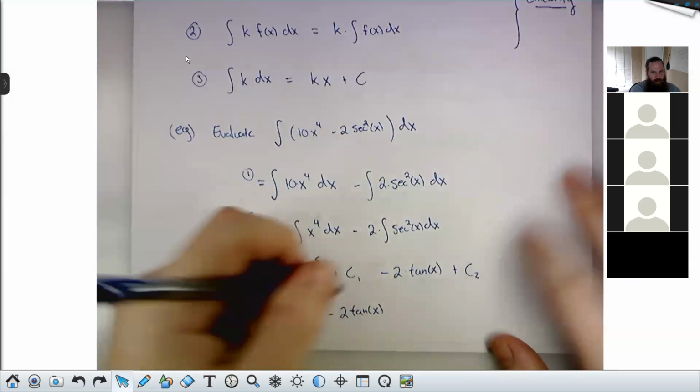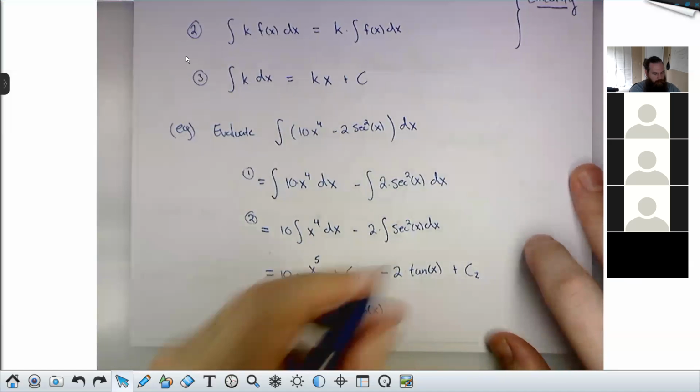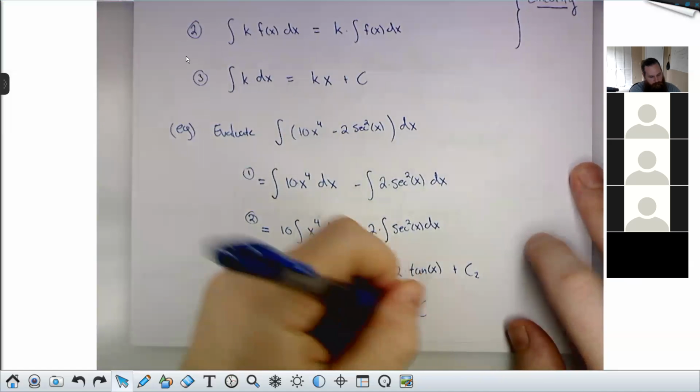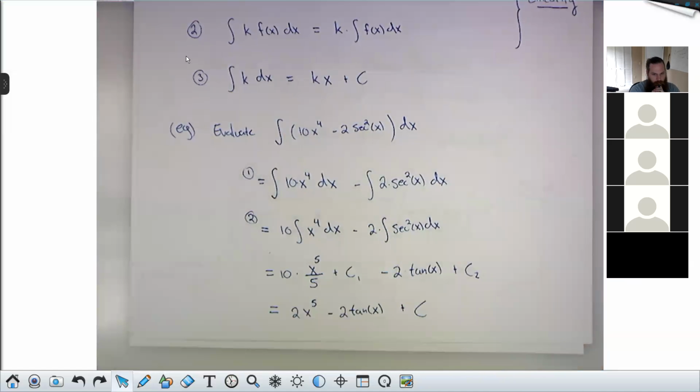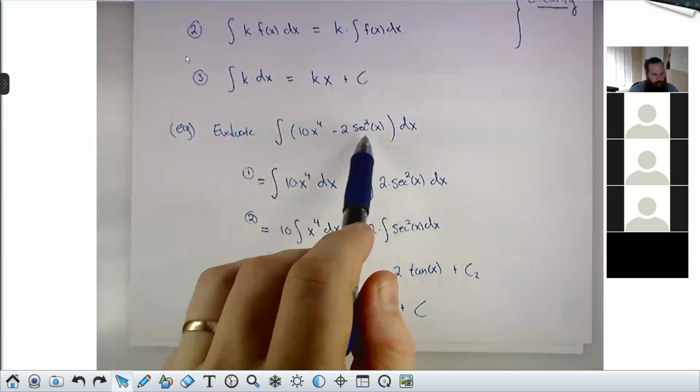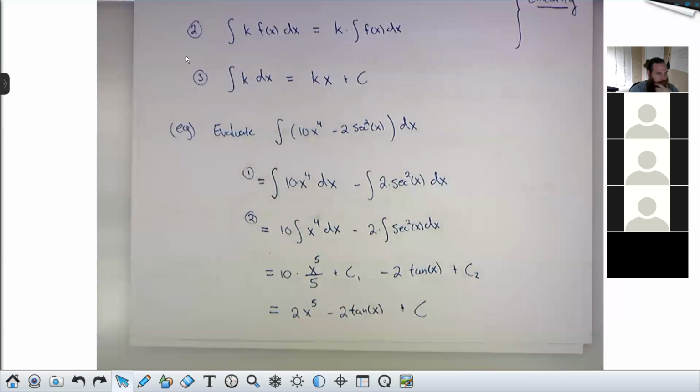And then I'm going to put the C1 and C2 together into a single arbitrary constant, which I'll just call C. And remember that C stands for all the vertical translates of this function. So this is an infinite family of functions, all of which have derivative 10x to the 4 minus 2 secant squared x.